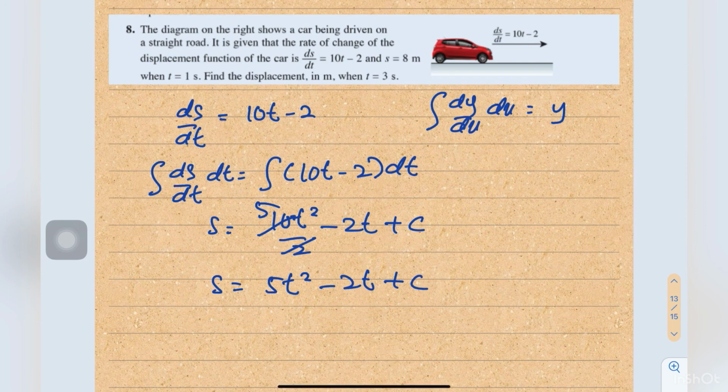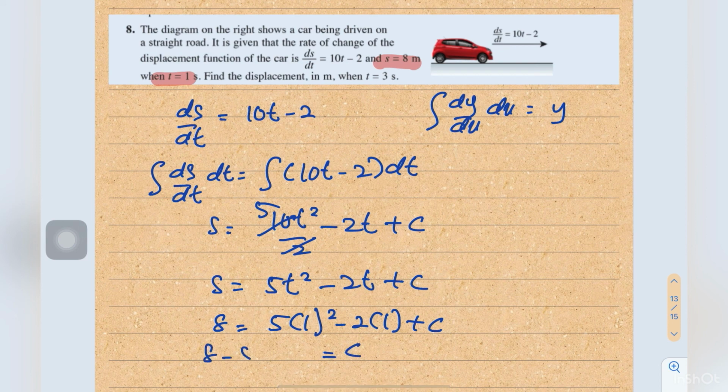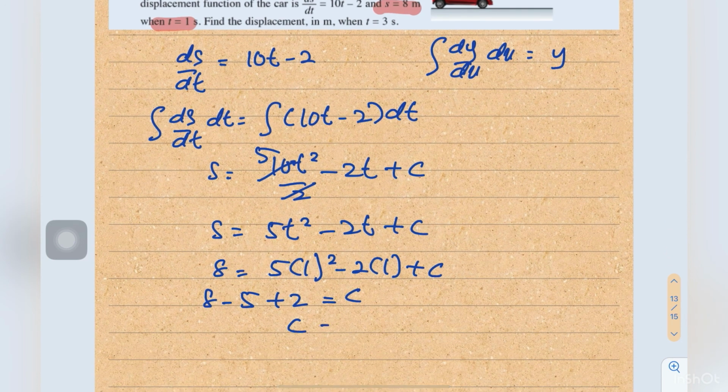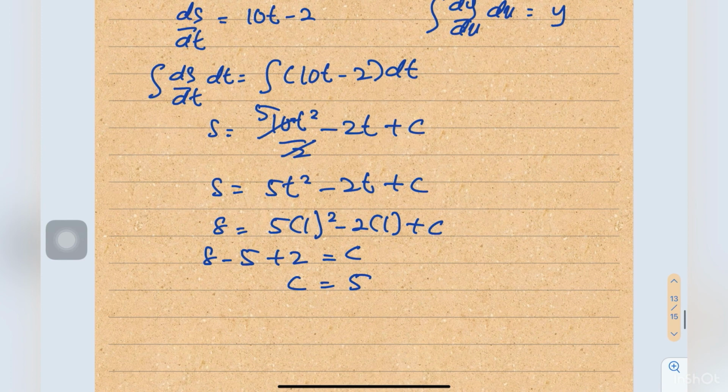The first information given: s is 8 when t is 1. So we substitute to find c. 8 equals 5(1 squared) minus 2(1) plus c, so c equals 8 minus 5 plus 2, so c equals 5. Therefore s equals 5t squared minus 2t plus 5.